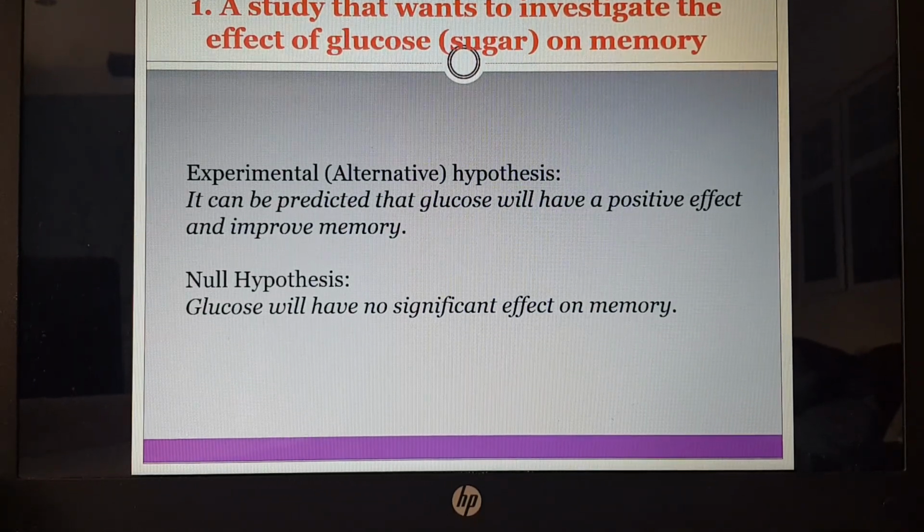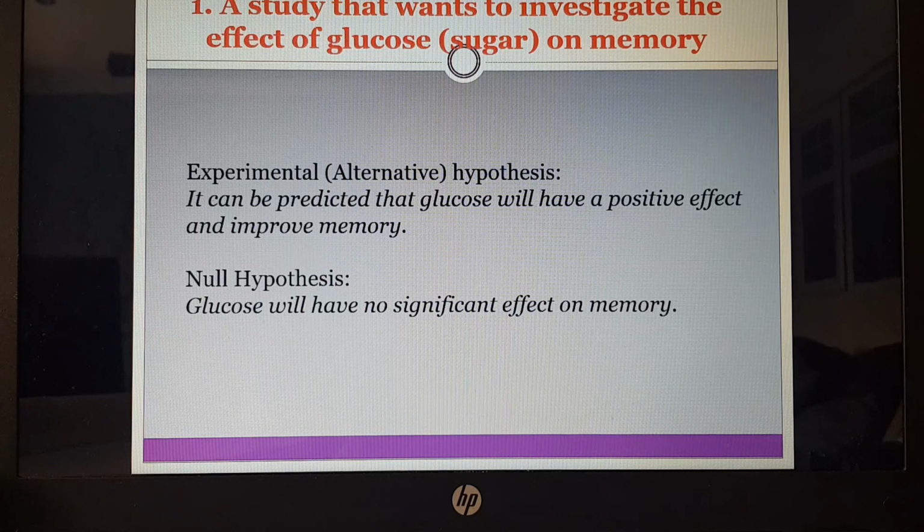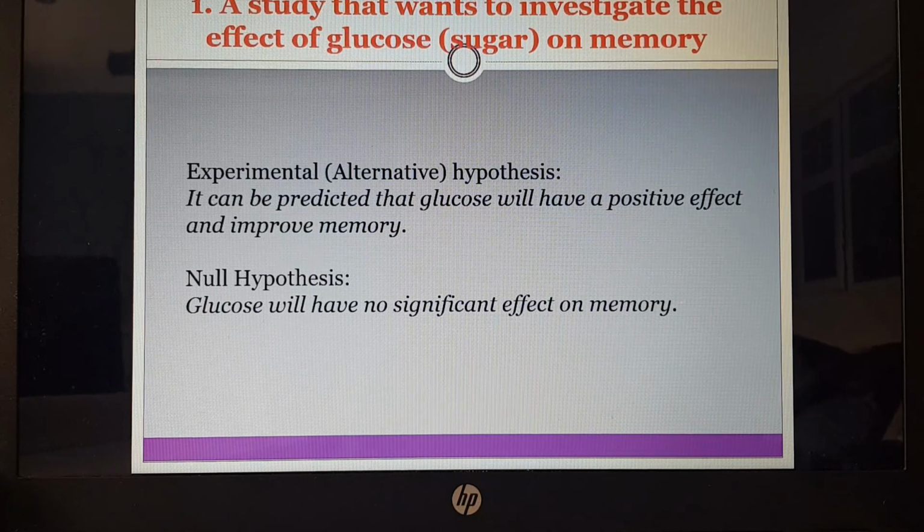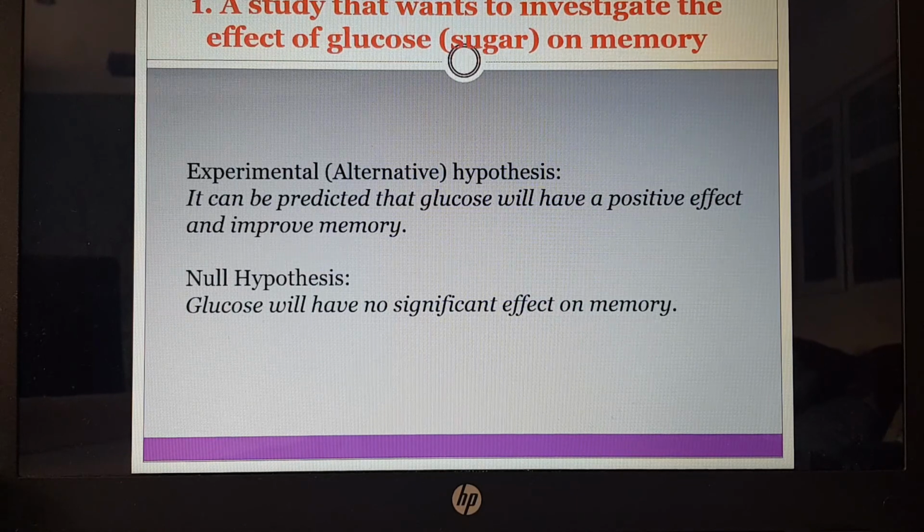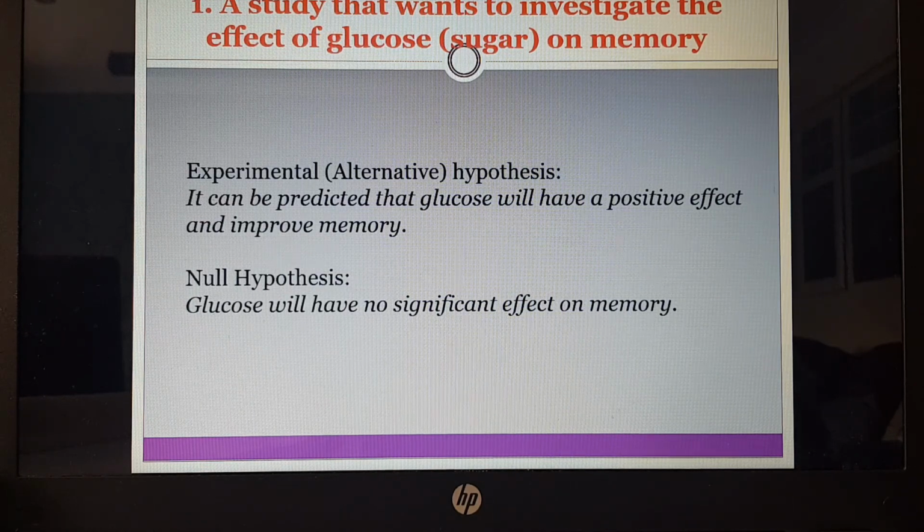So in our experimental hypothesis, we are making a prediction about what we think is going to happen. The null hypothesis, however, is the opposite. When we write a null hypothesis, we always write it like this: glucose will have no significant effect on memory. Okay, so that's our null hypothesis.